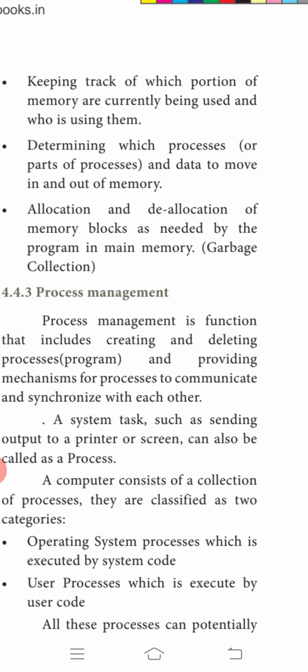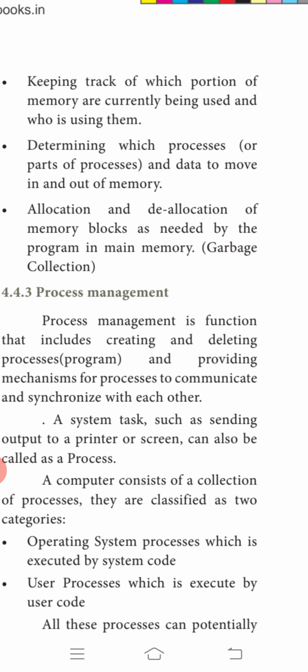The third point is allocation and deallocation of memory blocks needed by the programs in main memory. Allocation means we are allocating some memory, and deallocation means we are taking some memory out. This is needed by the memory management system.